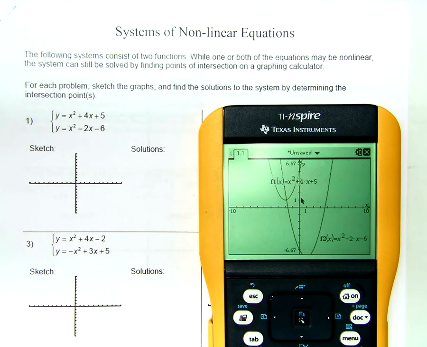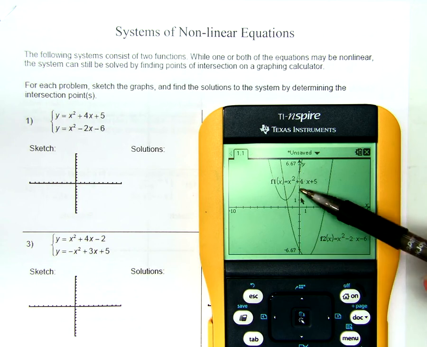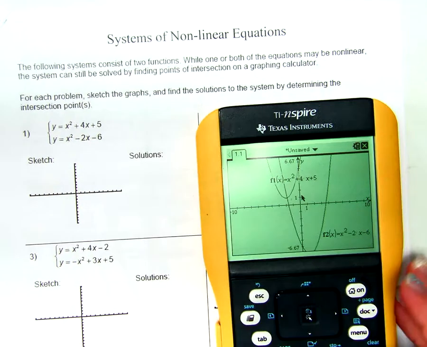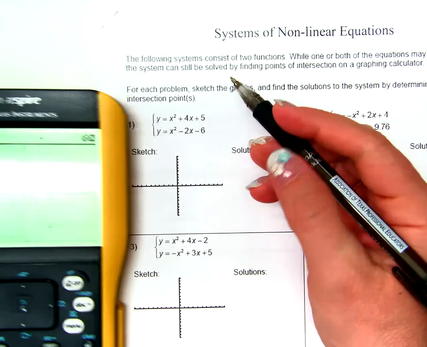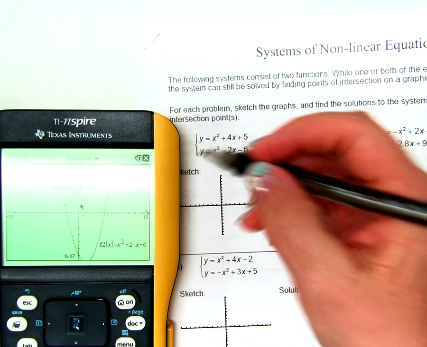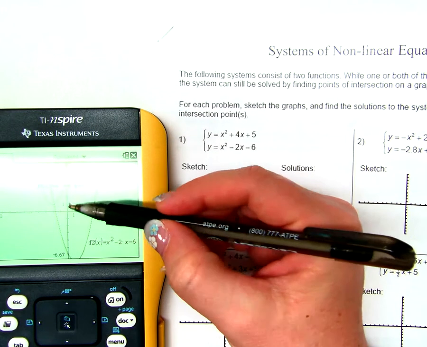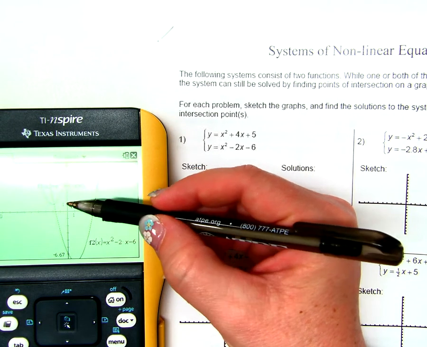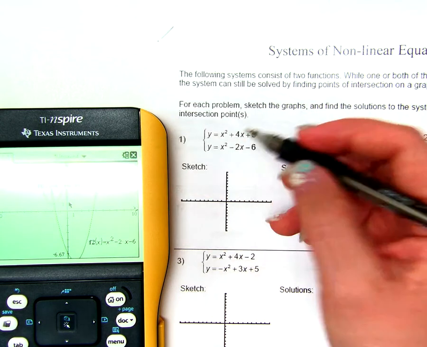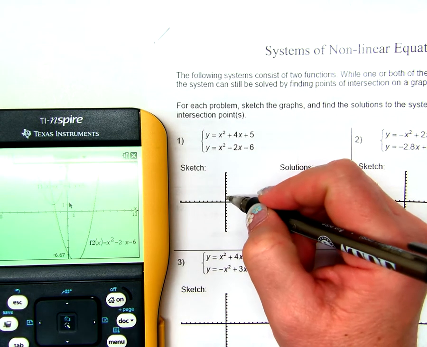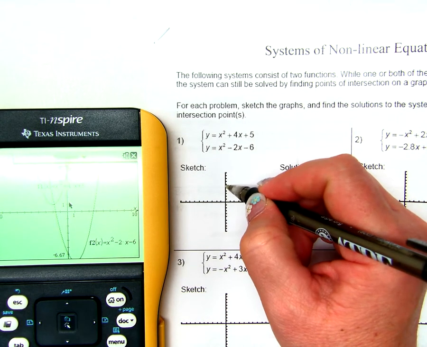Okay, so the first thing I have to be able to do is sketch this graph from my calculator over to the paper. I'm not looking for perfection. I'm looking for something pretty close. 1, 2, 3. Let's see. 1, 2, 3, 4, 5. That looks like it crosses at about 5. So like right there.